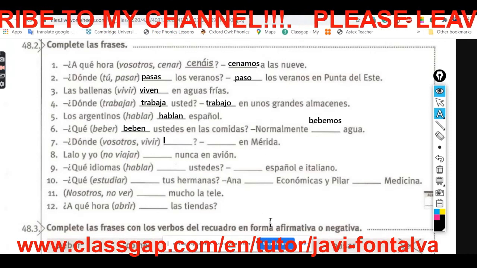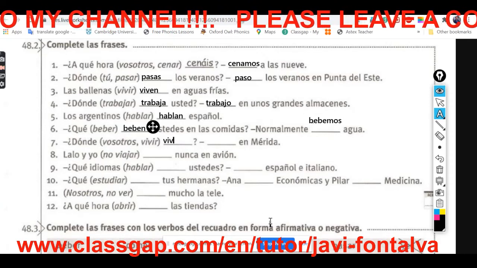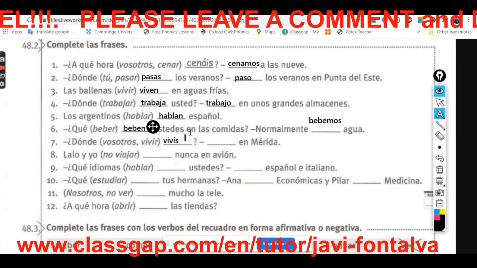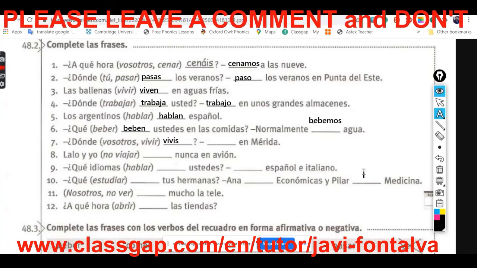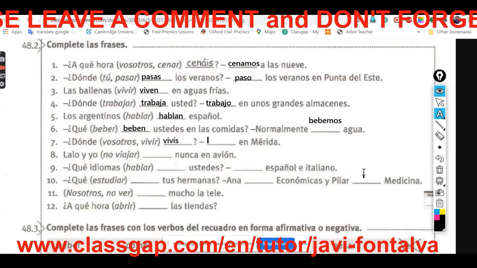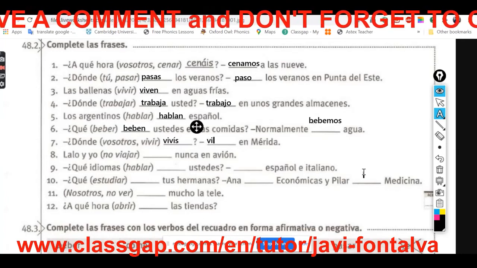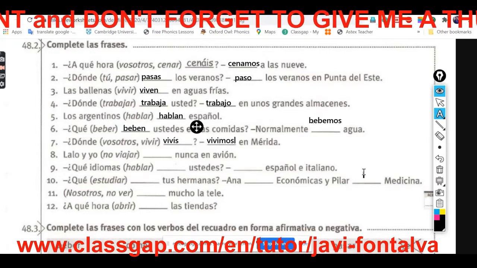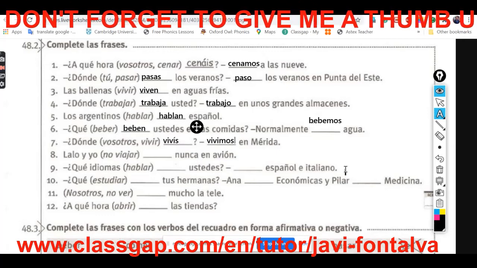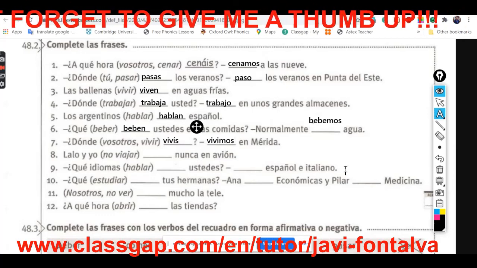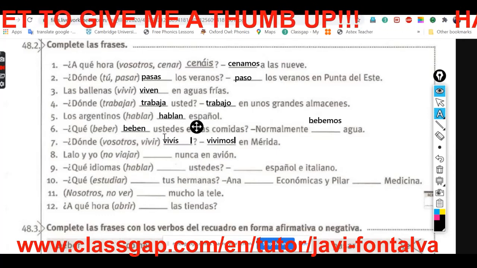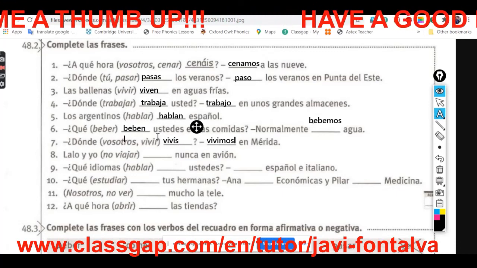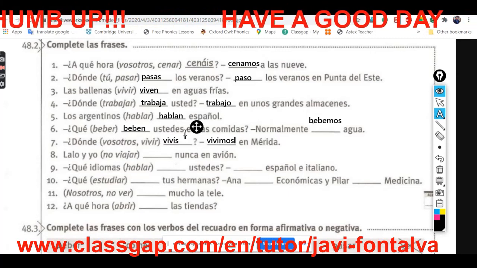¿Dónde vivís? Vivimos en Mérida. What does this mean? We live in Mérida. Perfect. And notice here we say vivís because we talk about you all, vosotros.